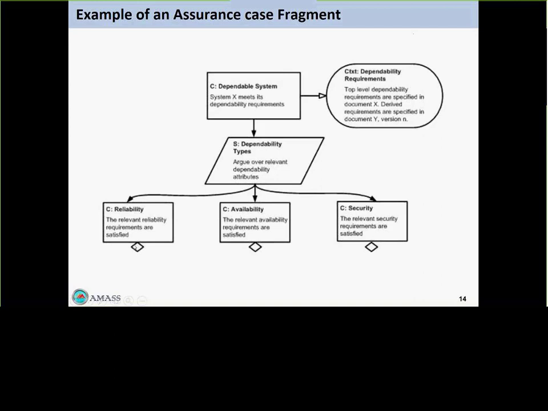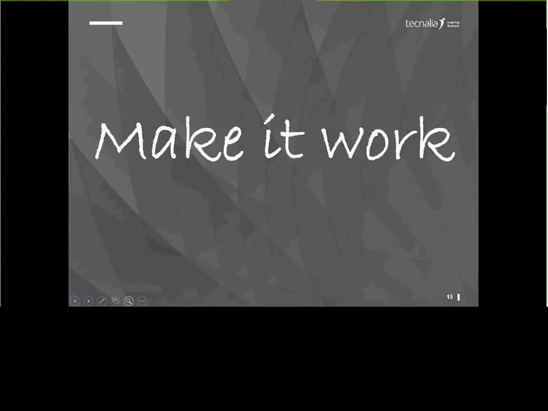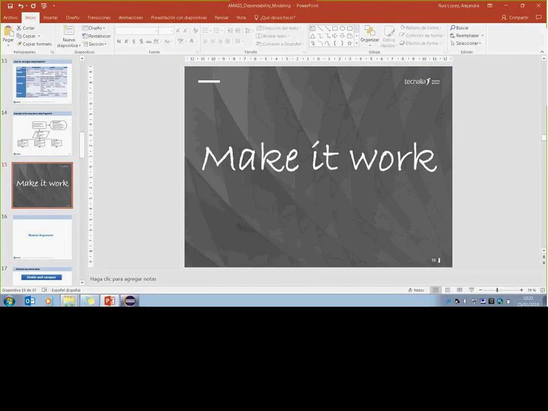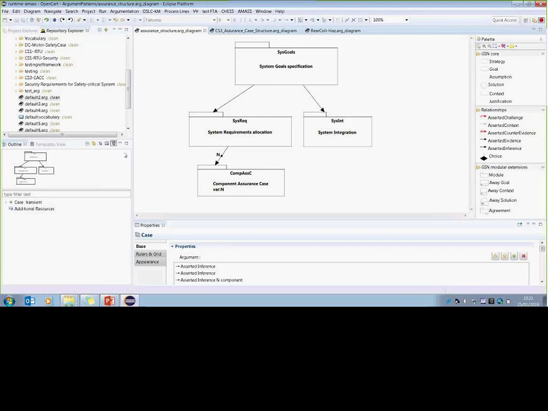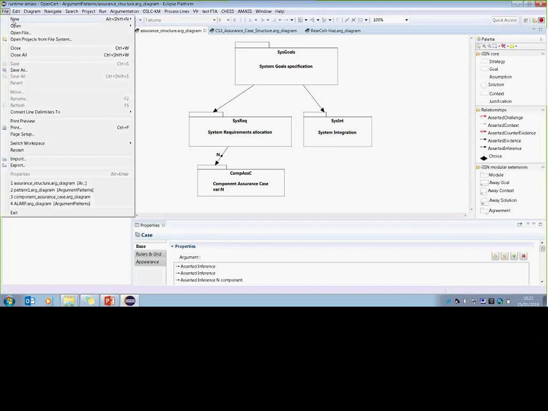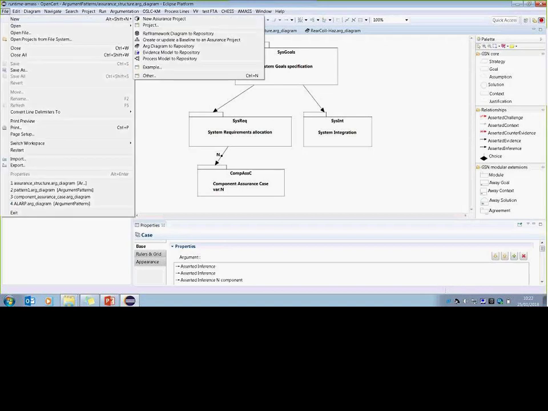This is a new element. If you see this diamond, it means it's under development; I haven't finished it. So how does this work? To write an assurance case, we go File, New, and we can say arc diagram to repository.